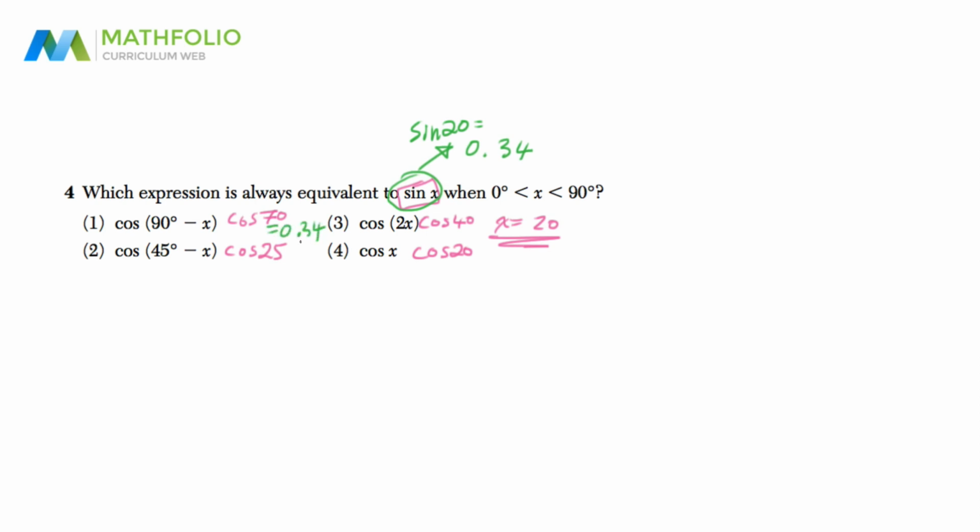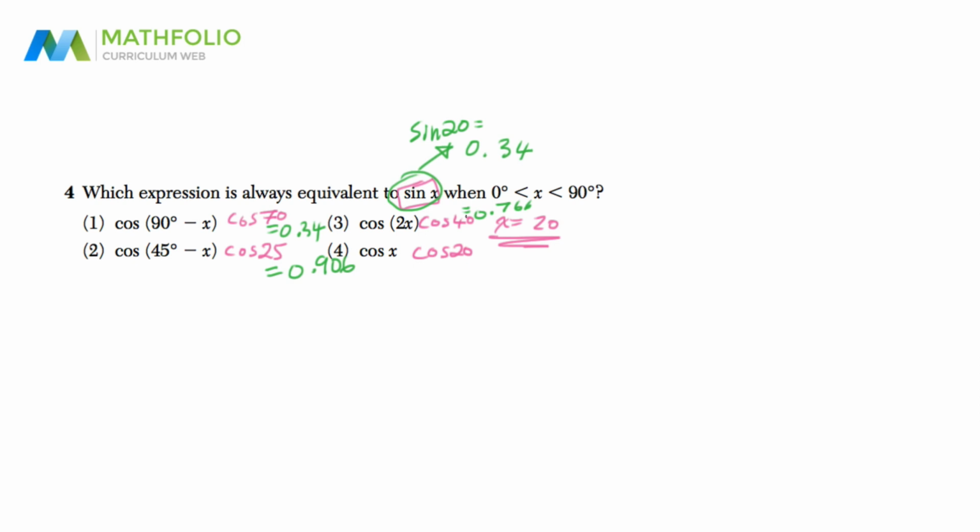So could that be our answer? Maybe. Let me check a couple of the other ones. If I do cos of 25, I get 0.906 and change. If I do cos of 40, which is option number 3, I get 0.766, and that decimal goes on as well. And then finally, number 4, cos of 20.